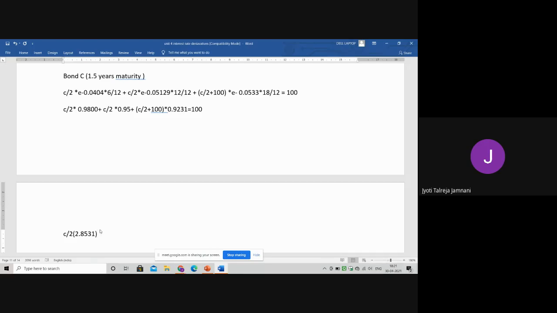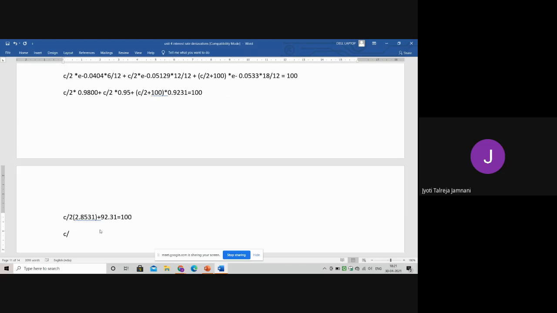Then we are also doing 0.9231 into 100, so it is plus 92.31 equal to 100. 92.31, if we take it this side, it will become minus.